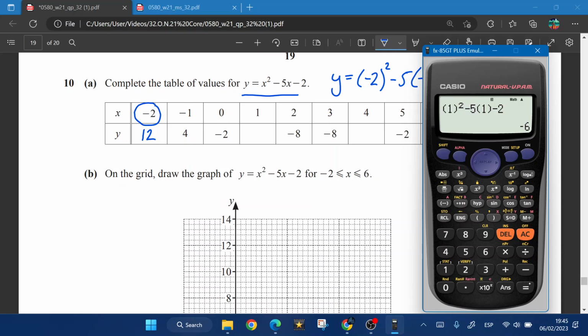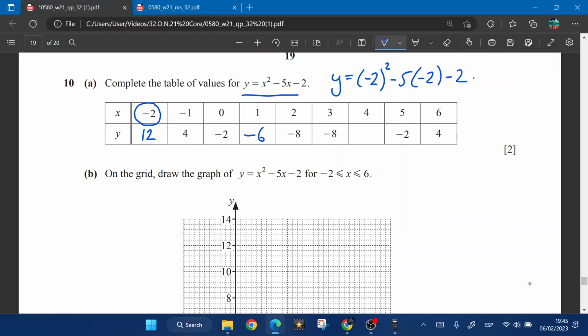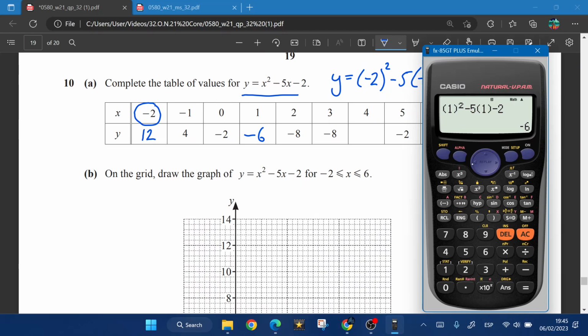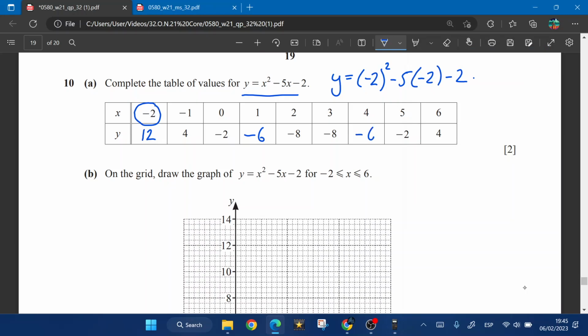And that gives us -6. Last one, we now put a 4. Change that 1 for a 4. And we got -6 again. You notice we got a nice pattern going here: 12, 4, -2, -6, -6, -2, 4, 12. That's because this is a quadratic equation.